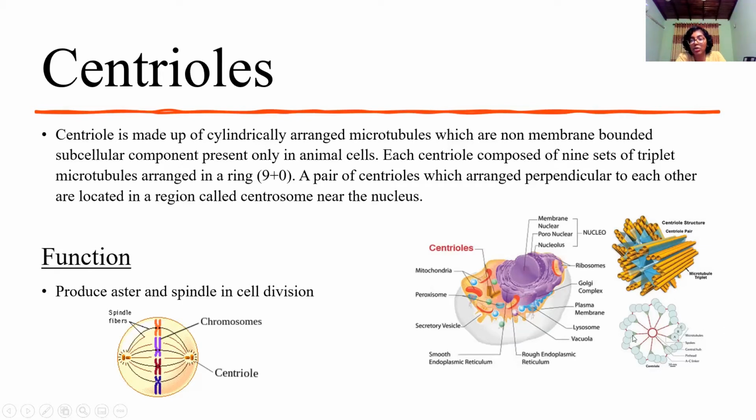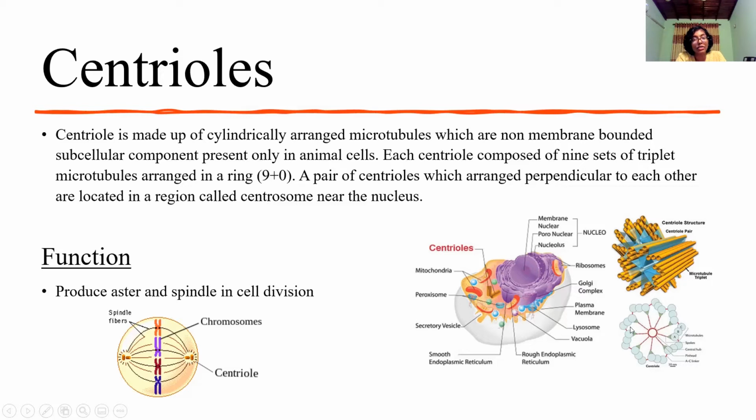Altogether there are 9 but arranged as 3. So 9 triplets. 3, 3, 3. But in the center we don't have any central microtubules. So 9 plus 0 arrangement. Each centriole is composed of 9 sets of triplet microtubules arranged in a ring.